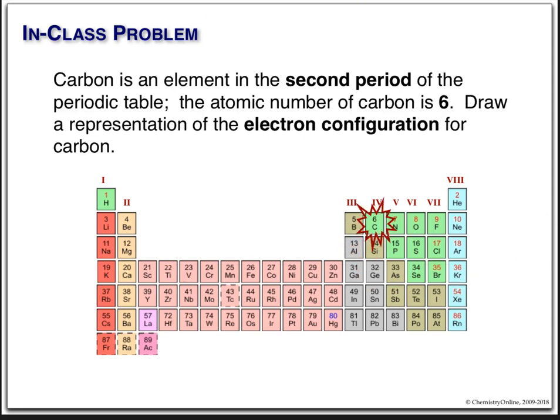So, when we think about the electron configuration, what you want to remember is that everything that's north of it and this side of it is going to be filled. So in order to get to our second period, we had to fill the first. Then we start on the second period. We fill the two s's here, and then we put electrons in the p's.